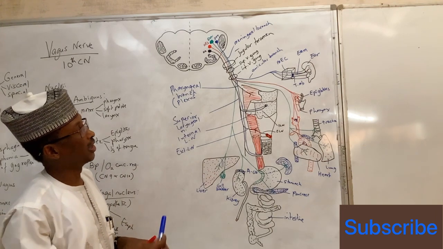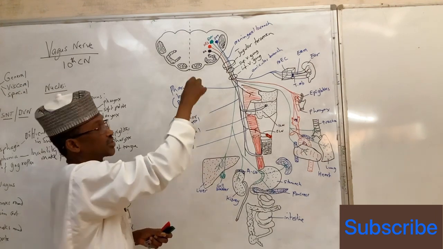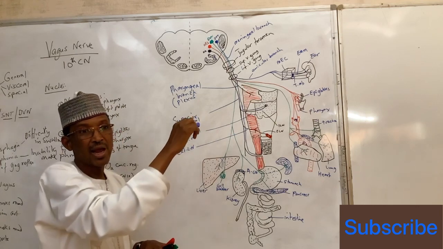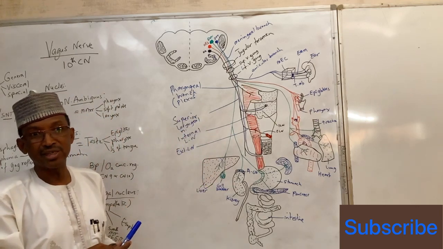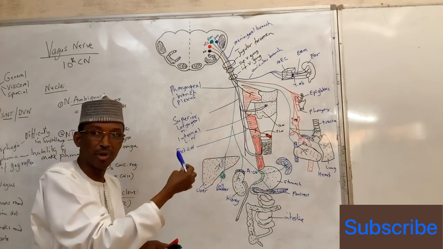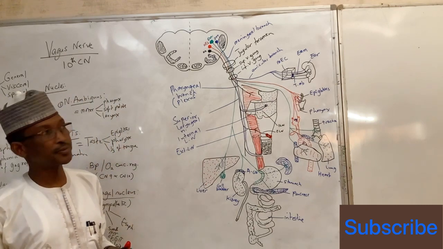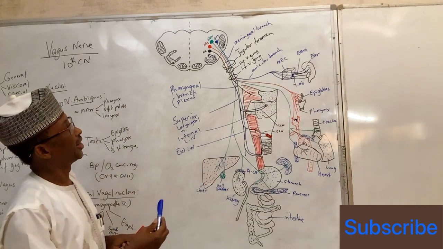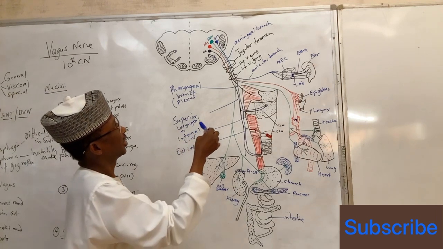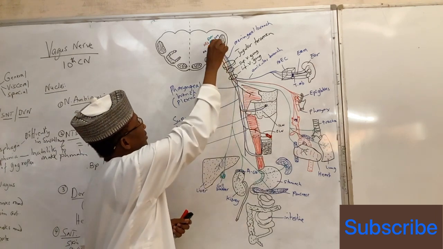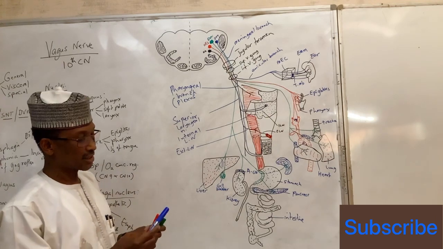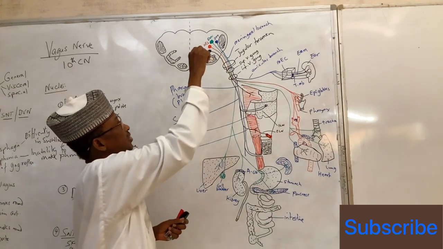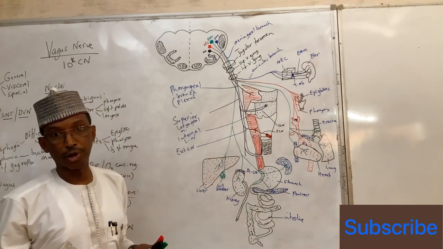So now let me take each of these nuclei and see what kind of information is going into that nucleus or coming out of that nucleus. If I now take the spinal nucleus of the trigeminal nerve, as I told you, this is a purely sensory nucleus.